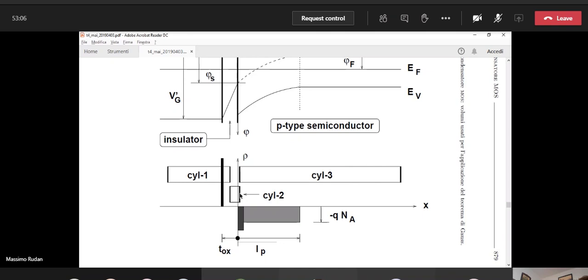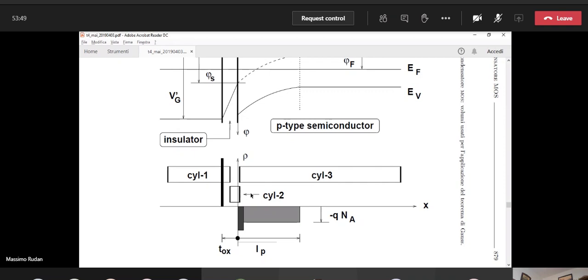So if we take the cylinder with the right face as close as we please to the interface, the amount of charge in the cylinder will be 0. There is no charge on the oxide side, okay? And the charge inside cylinder 2, the portion of it belonging to the semiconductor, will be negligible. But on the other hand, since the right face of cylinder 2 is inside the semiconductor, we shall use the permittivity of the semiconductor.